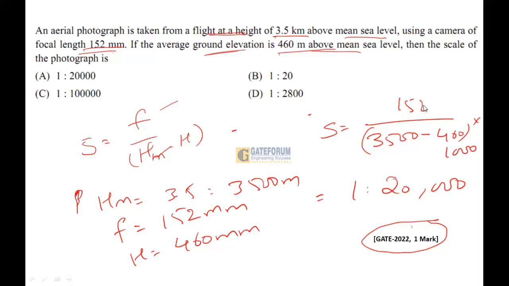Because here F is in mm, and the other values are in meters, 3,500 and 460 are both in meters.